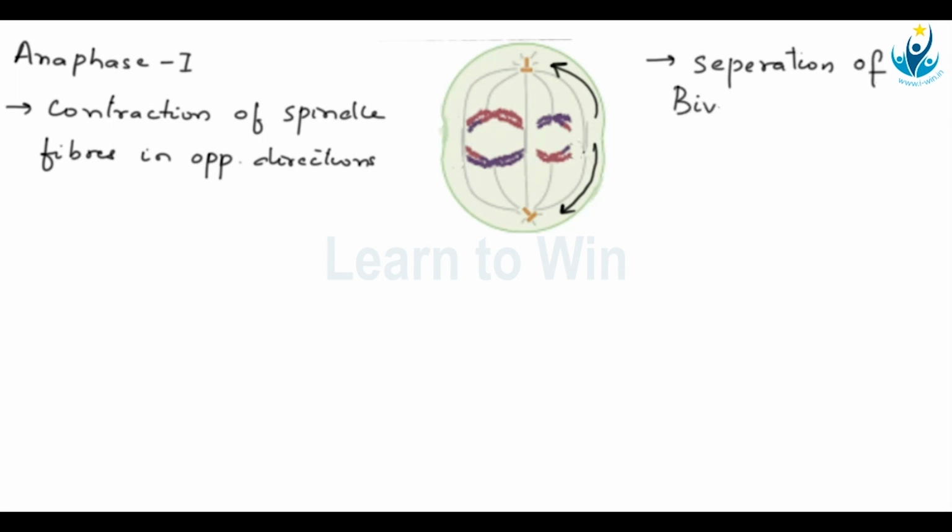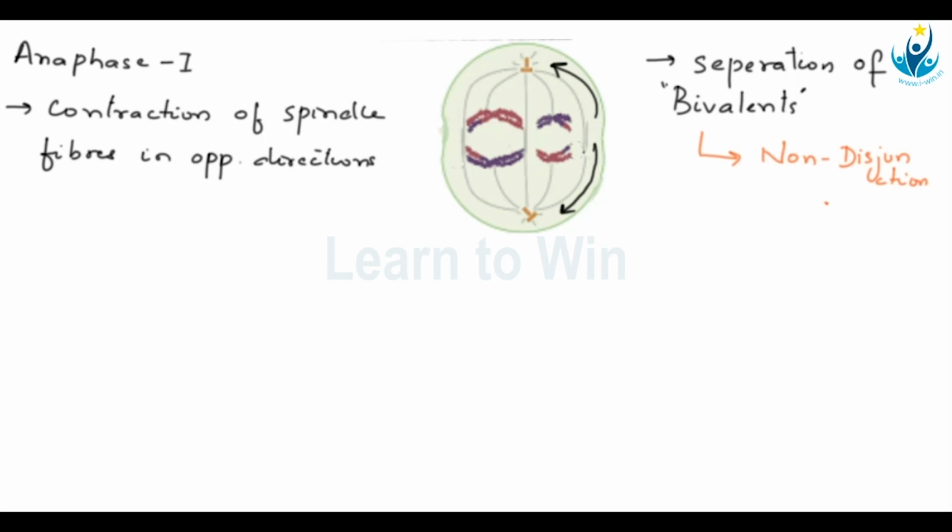Separation of bivalents. Now, this process of separation of bivalents is also called by a specific name, disjunction. Basically, disjunction means separating the union.